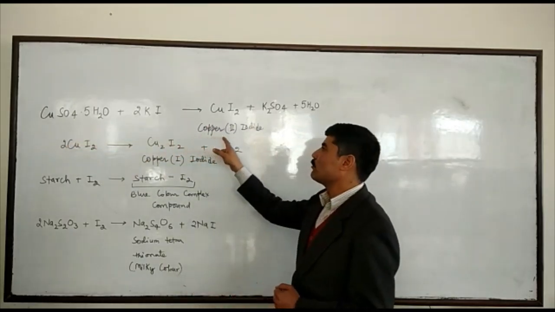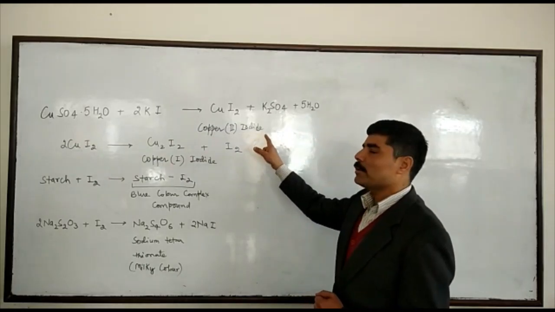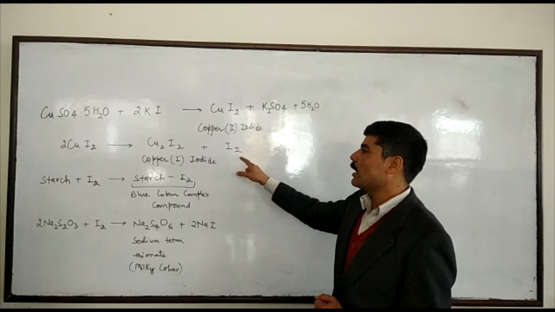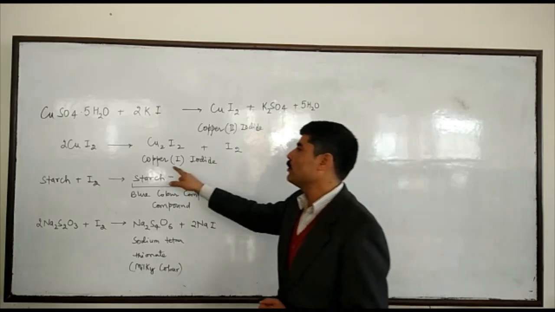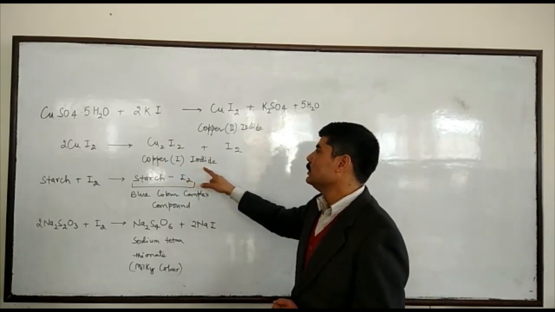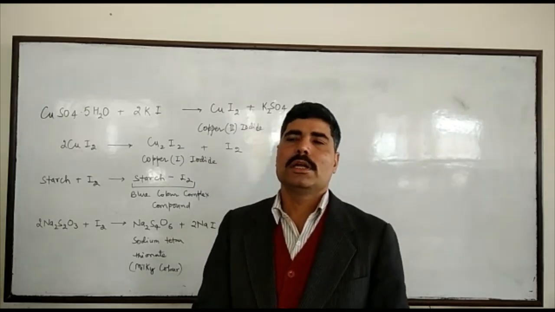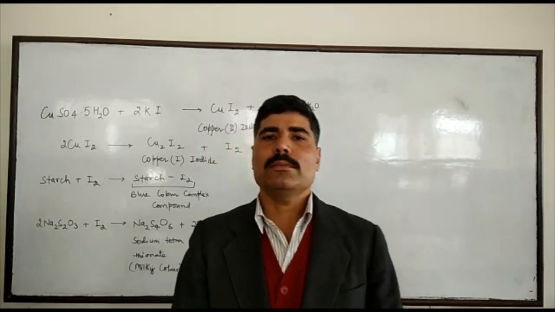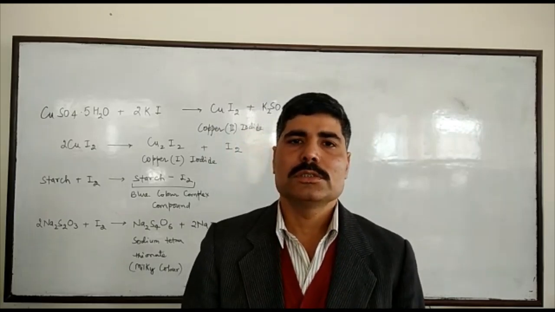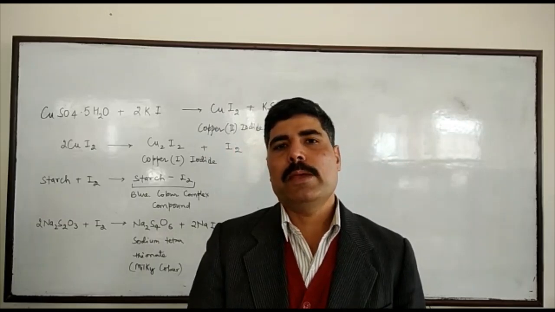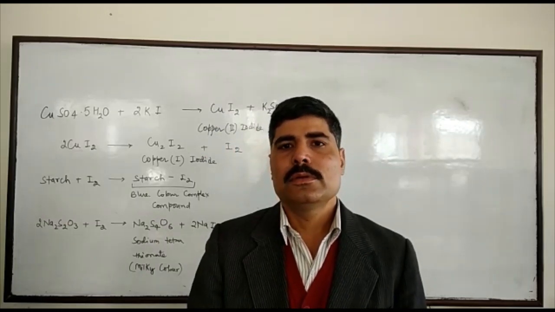This copper(II) iodide is unstable and releases iodine with the formation of copper(I) iodide. This liberated iodine is titrated with the standard sodium thiosulfate solution till a pale yellow color appears.